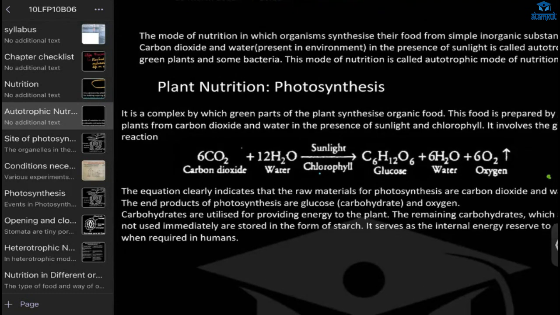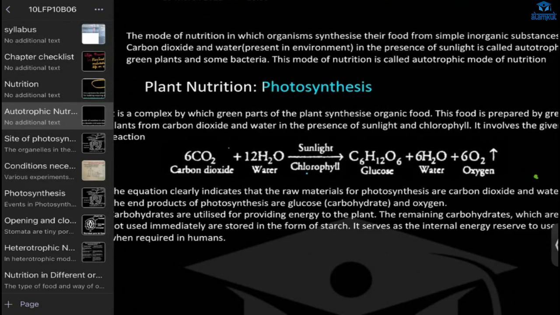Now the process of making the food is called photosynthesis. How is it made? By carbon dioxide, water, sunlight, and chlorophyll. Then what is made? Food: glucose, carbohydrate.